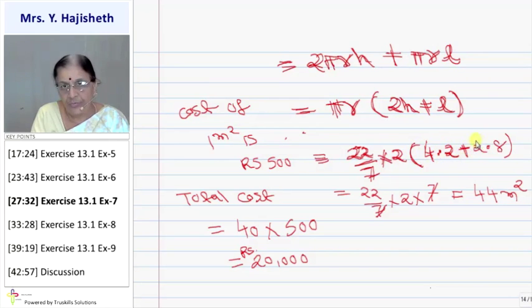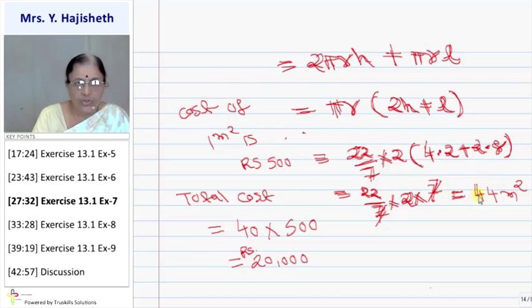And for L you put 2.8. Now 2.8 plus 4.2 is coming 7. Clear? Here is 2. Right? And here is 22/7. 7 cancel. So what is left? Answer is, how much canvas is required? 44 meter square. Now cost of canvas.